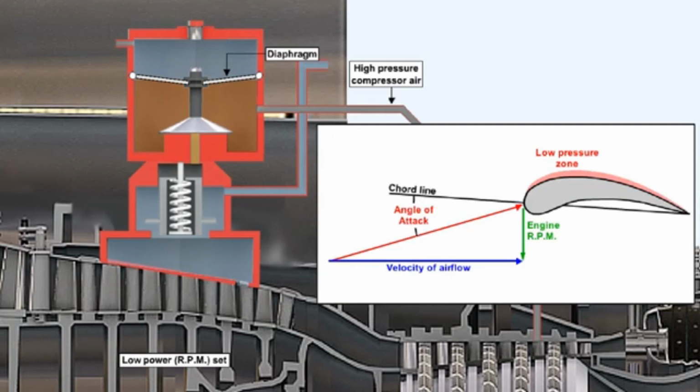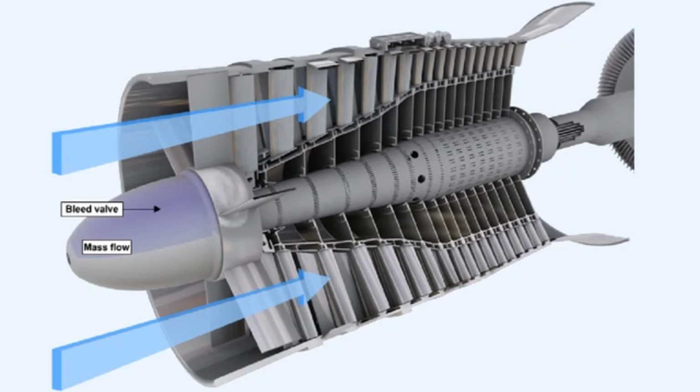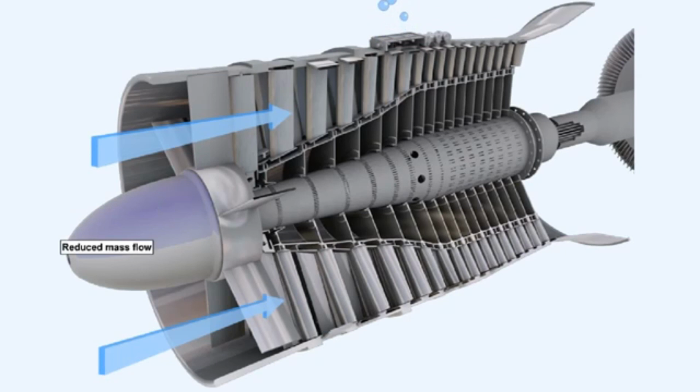This combination of optimum airflow velocity and reduced choking will ensure that compressor stall is less likely to occur during the time the bleeds are open, but there are disadvantages to the use of the system. Opening any compressor bleed, whether it's a bleed used as a stall preventative measure or alternatively a bleed used to supply air for aircraft services, decreases the mass airflow through the engine.